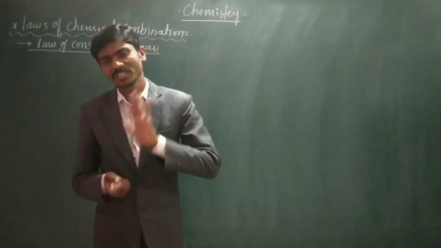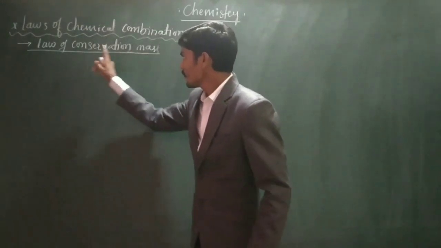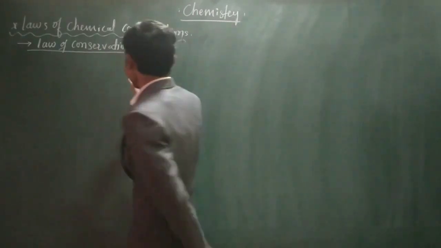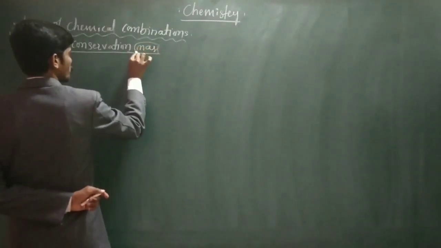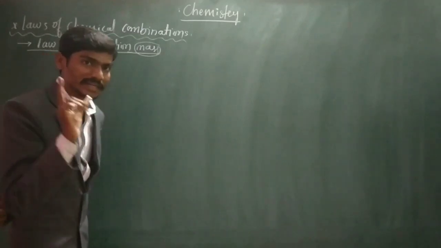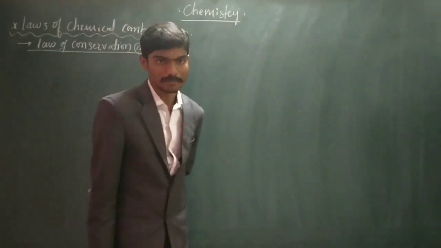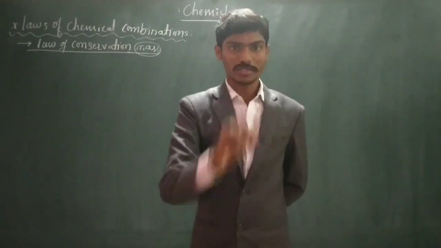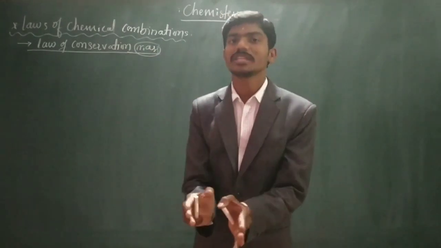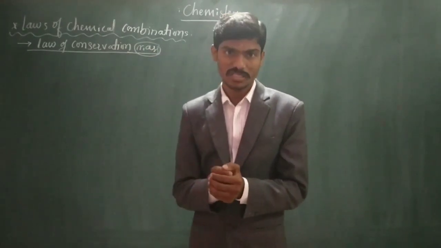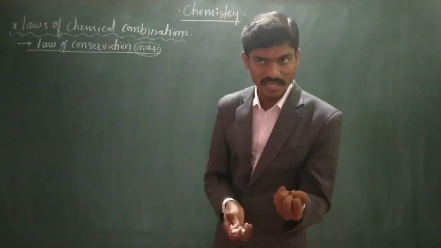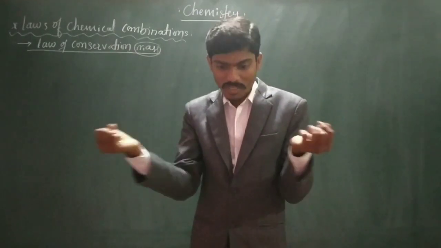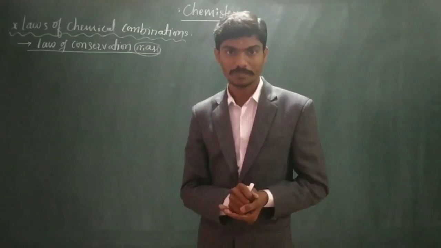तो देखिए यहाँ पर फर्स्ट लॉ क्या है? The law of conservation of mass. This law deals with the relationship between mass of reactants and products in any physical or chemical change. Masses of reactants and masses of products के बीच में relation explain कर रहे हैं यहाँ पर.